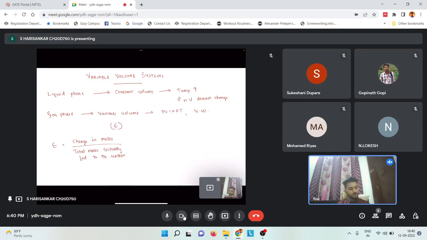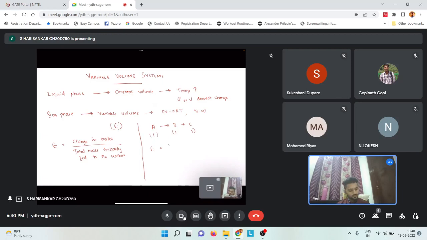Okay. So let's take a brief example. A gives B plus C. So this means basically 1 mole of A gives 1 mole of B and 1 mole of C. So the epsilon here is the change in moles, which is basically the difference between the total moles of product, which is 1 plus 1, minus the total moles of reactant, and that is 1.